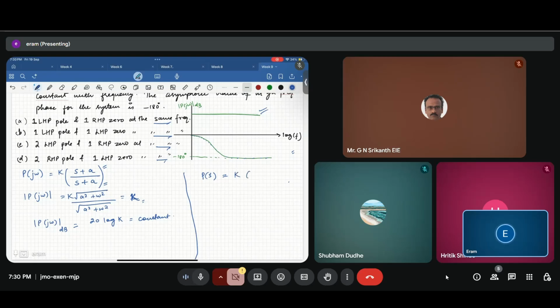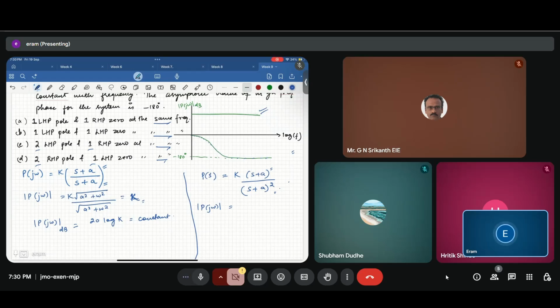It will be k times 1 0 and 2 poles at the same location. We can write it like this: we have 1 0 at frequency minus a and we have two poles at frequency minus a, because that is the only option we have. So we have created one transfer function like this, and when you calculate its magnitude, will it be a constant?